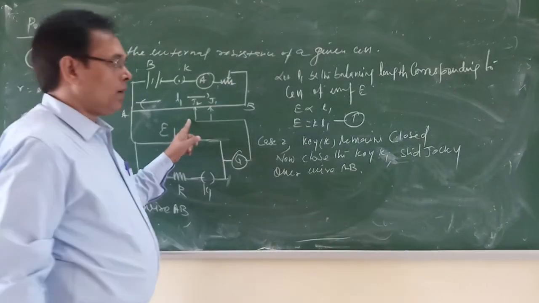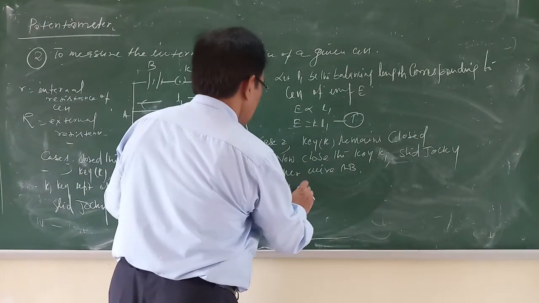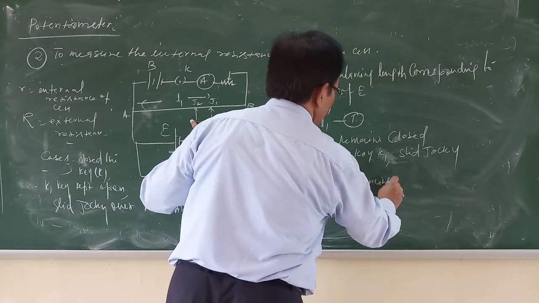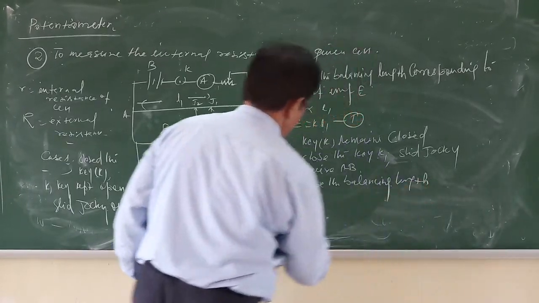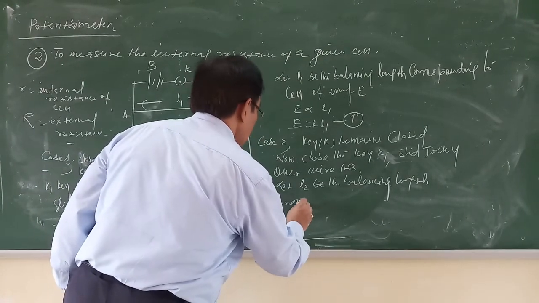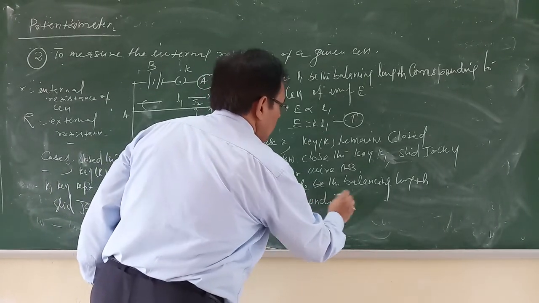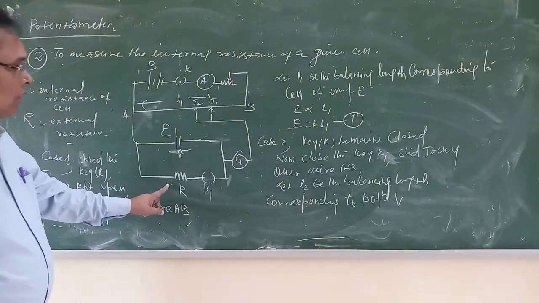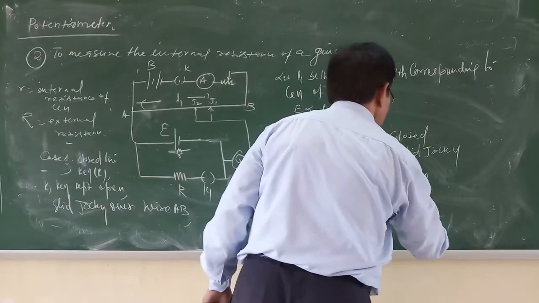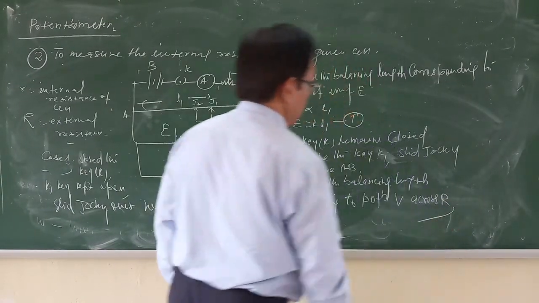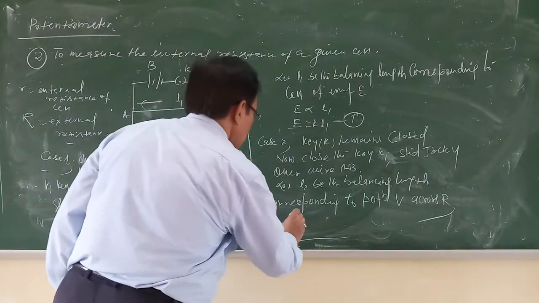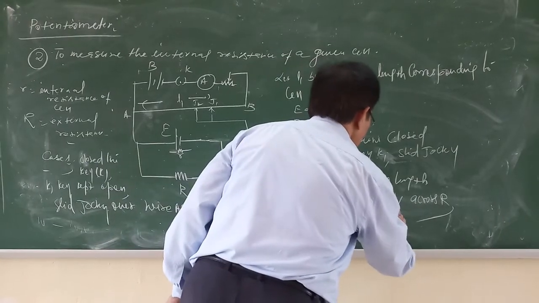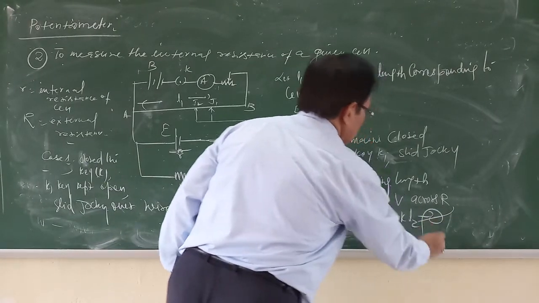Then again you will get a balancing length. Let L2 be the balancing length corresponding to potential V across resistance R. So V is directly proportional to L2, V equal to KL2. This is equation 2.